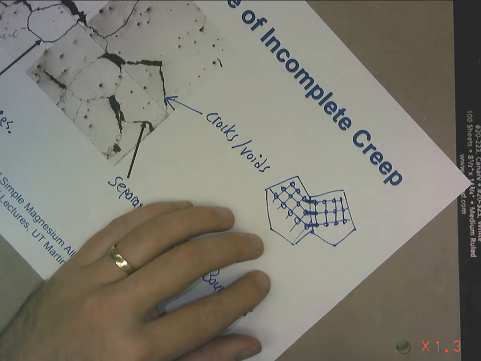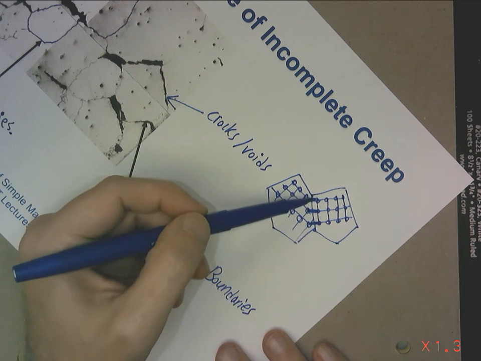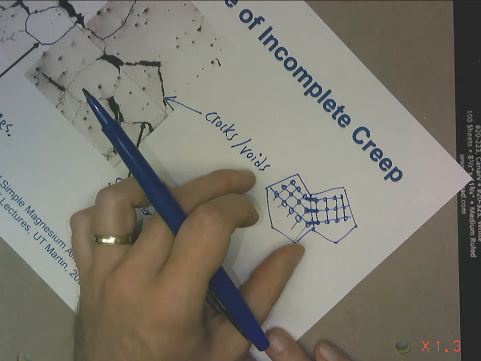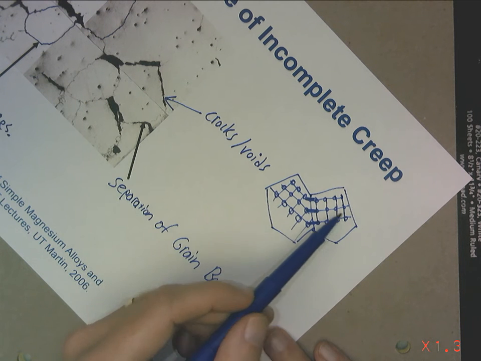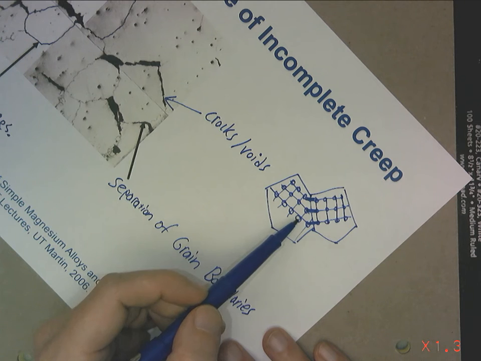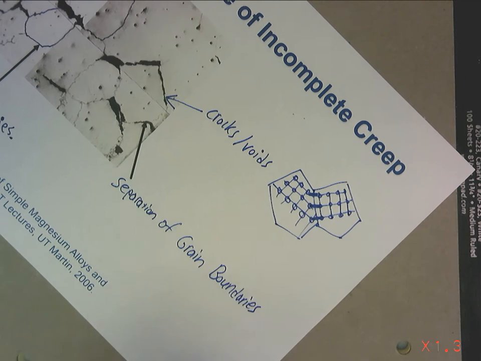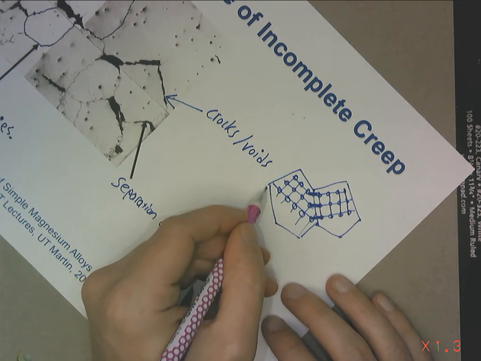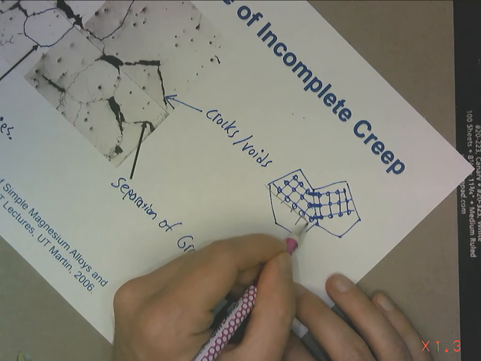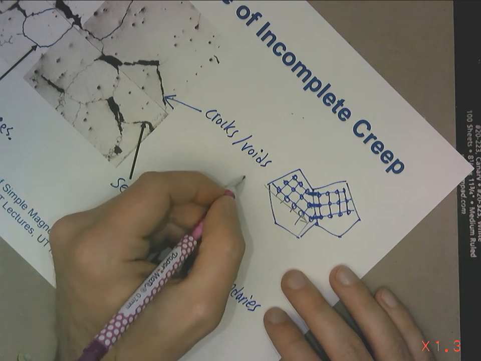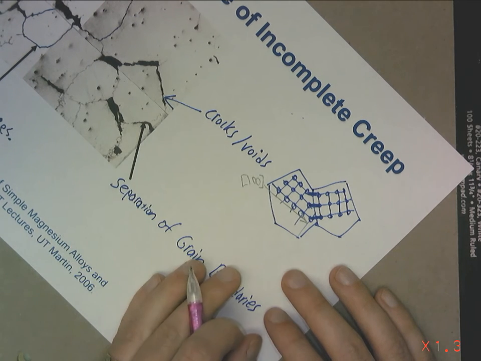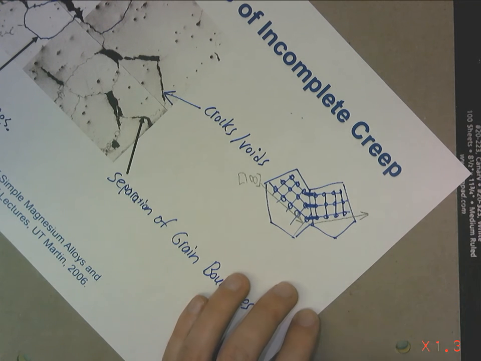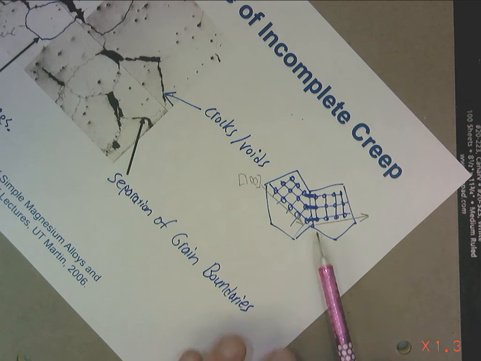We get bonds, but they are not in the normal crystal stacking sequences. So these are probably still the same crystal structure in the two grains. They're just oriented differently. If I'm following along a certain direction, let's just say a 100 direction, when I get to this crystal, now it shifts. There's an angle. We've done that when we've talked about grain boundaries.